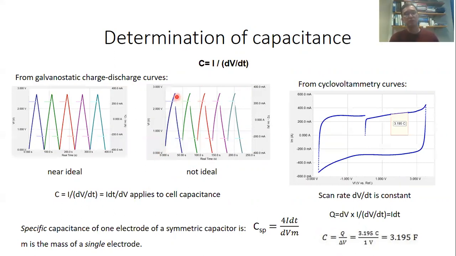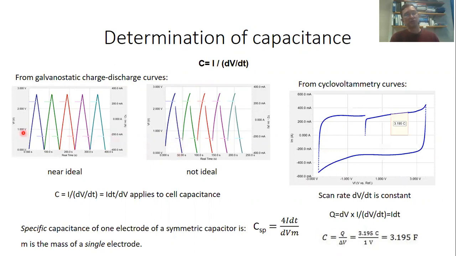And this is because of internal resistance within the capacitor. When you discharge, you also see here that there's a voltage drop, which is due to internal resistance, followed by the decrease of the voltage over the time.